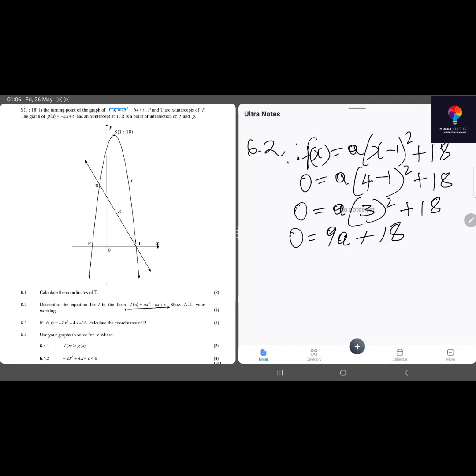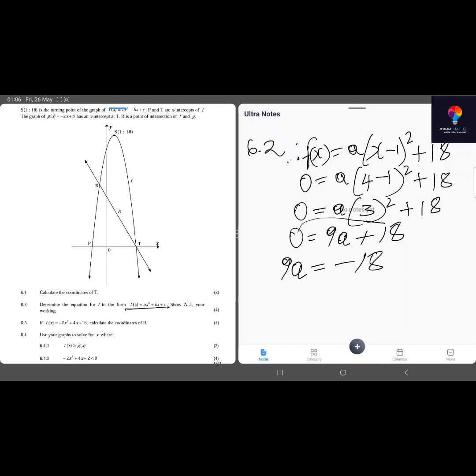For us to get the value of a, we say 9a is equal to minus 18. We have taken this 18 to the left, and it becomes negative.